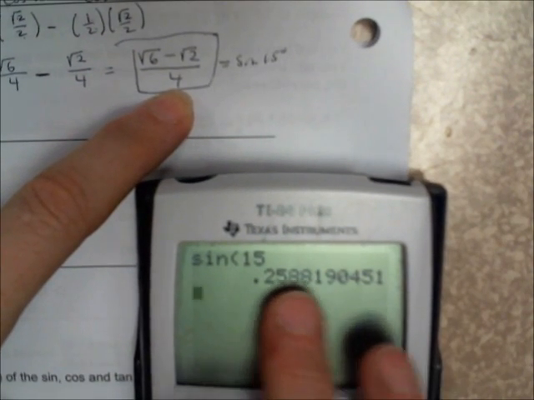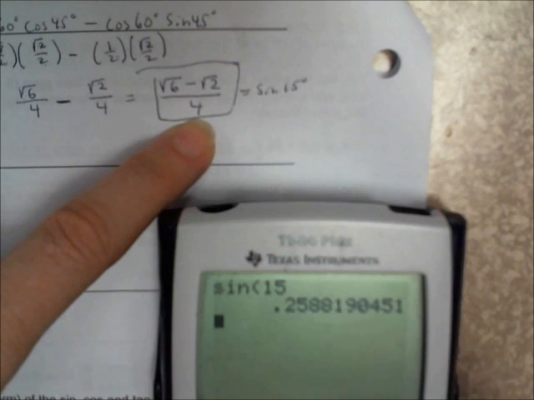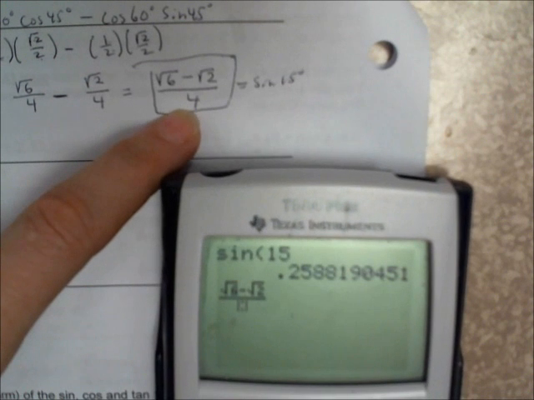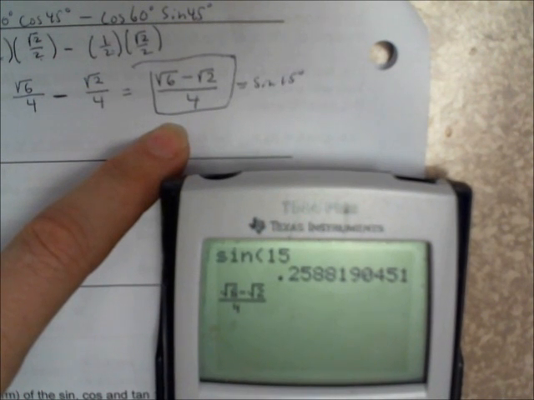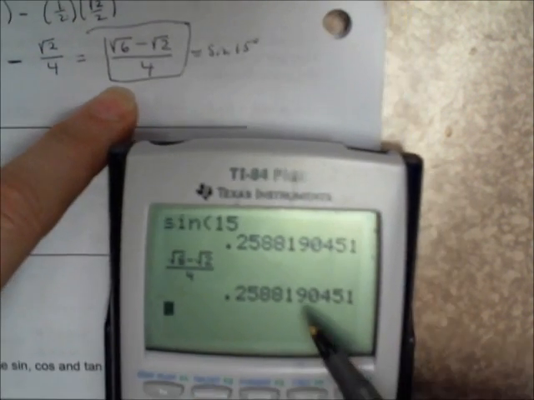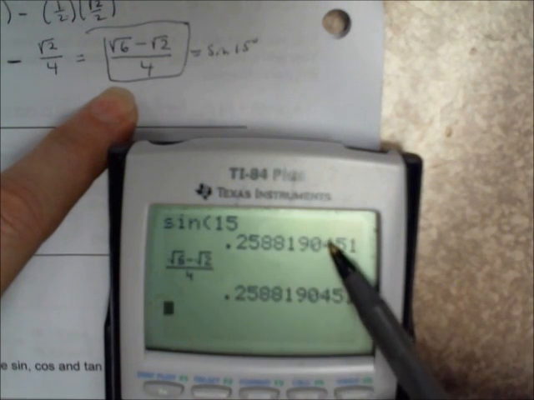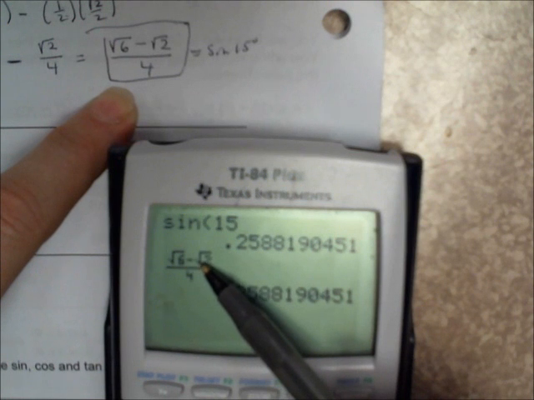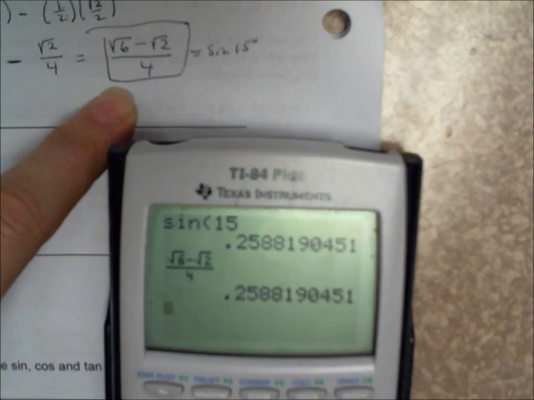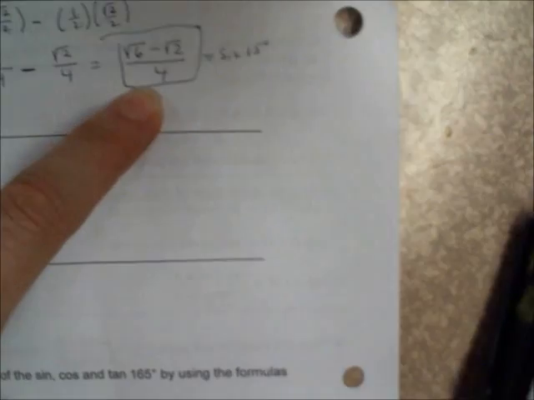But I'll show you that this decimal is equal to that radical that we just got: the square root of 6 minus the square root of 2, and you should be following along on your calculator just to prove it to yourself, all over 4. So these two answers are exactly the same: the sine of 15 as a decimal and radical 6 minus radical 2 over 4 as a decimal. They're the same thing. So we've just shown that we've done this correctly.